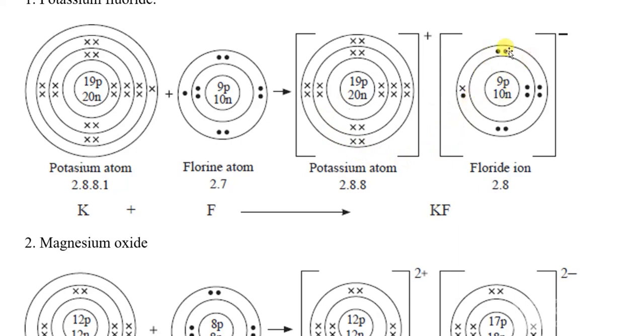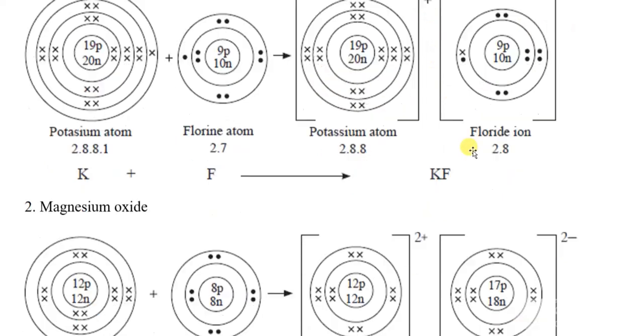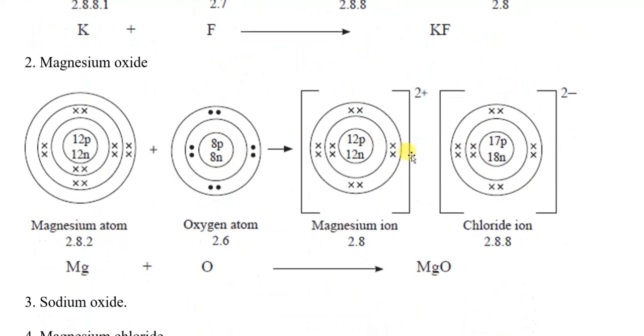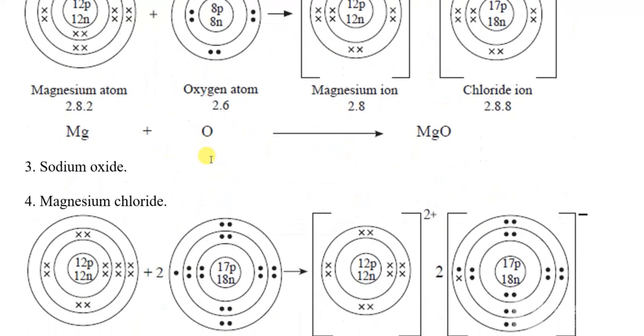Dots and crosses are the same, because the X represents the electron which has been gained, and that is what we call potassium fluoride. When an element loses an electron, it becomes positively charged. When an element gains electrons, it becomes negatively charged. Magnesium oxide is also there, so you can see this, and then practice.